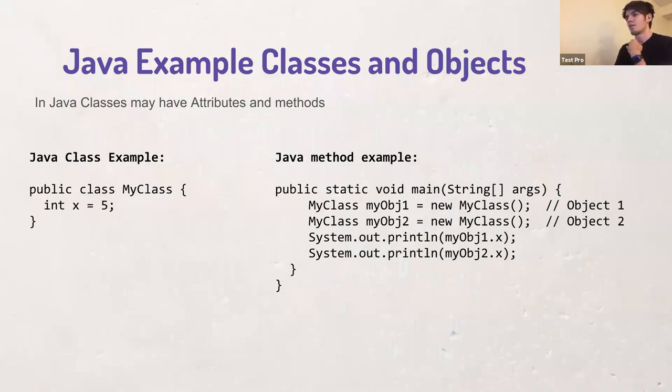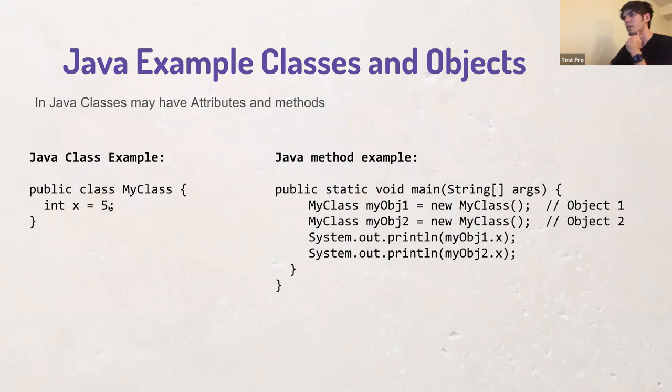So here is a code example. This is how we define a class in Java. It has only one integer, which is called an attribute. All attributes are basically variables or constants; it's the data itself.